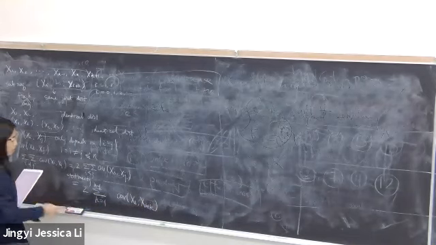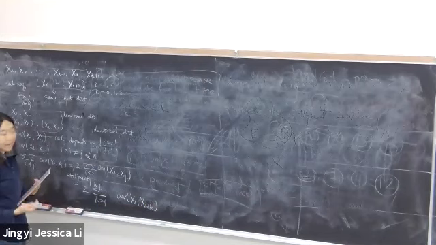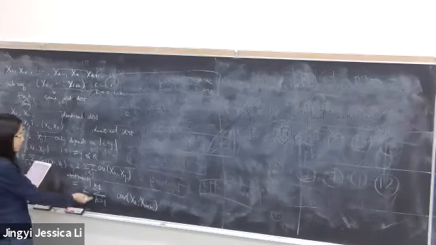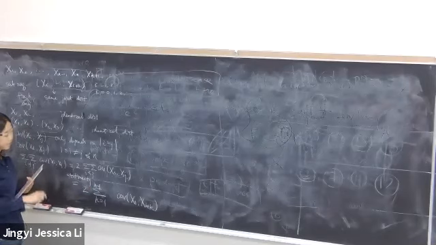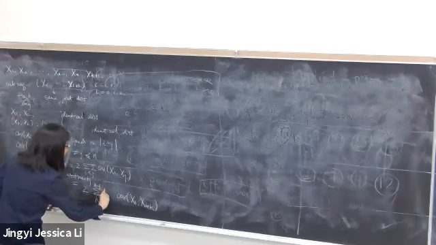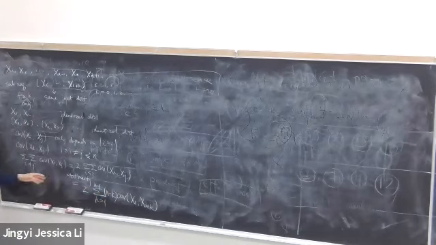I'll do a counting. When k is equal to 1, I can easily see there are n minus 1 pairs. When k is n minus 1, there's only one pair. So the number of pairs with gap k, we can show, is actually n minus k. So that's why we can rewrite the covariance sum in this way. And because this covariance only depends on the gap, I can give it a notation.